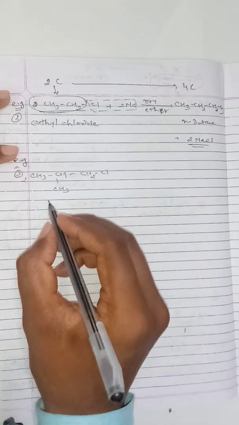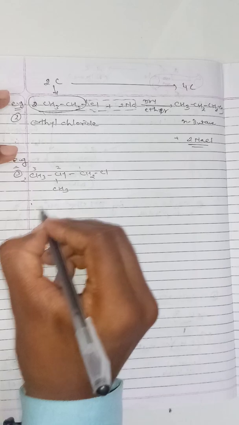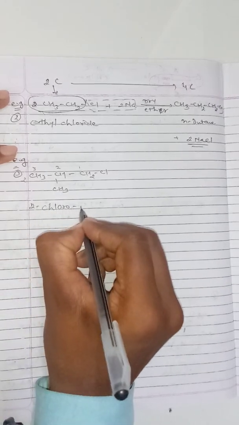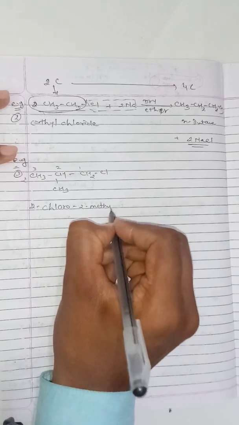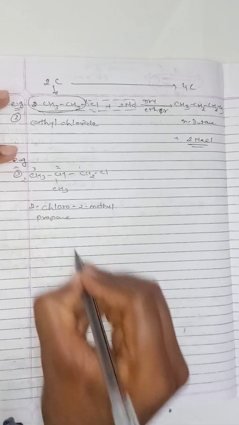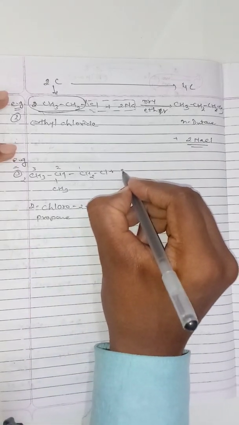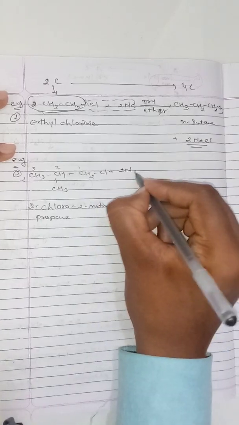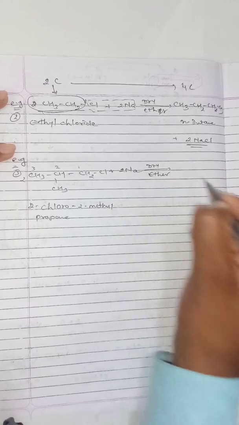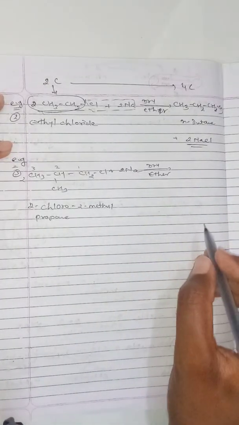This is called 1-chloro-2-methylpropane, and it reacts with sodium metal in the presence of dry ether. Simple.